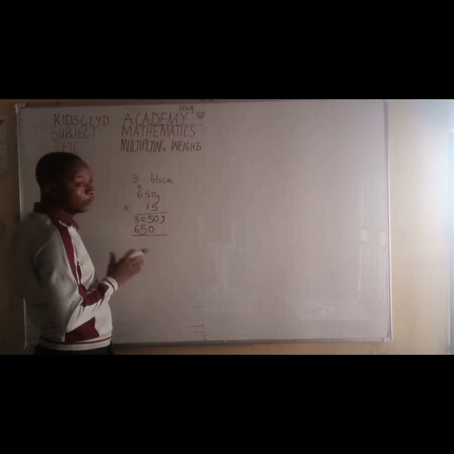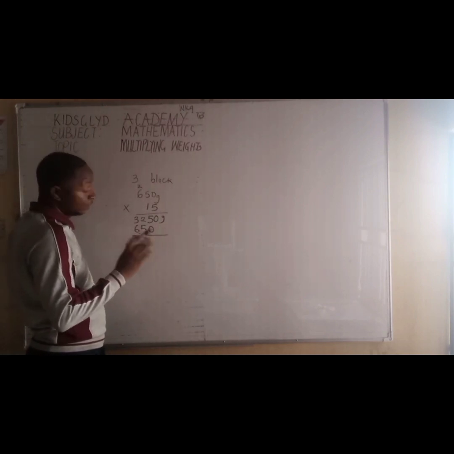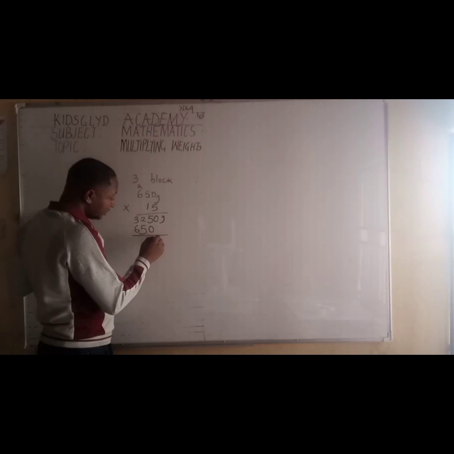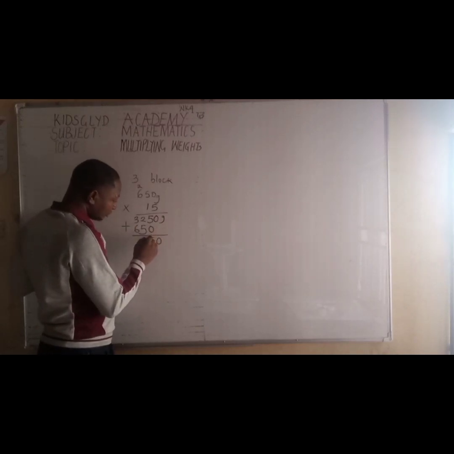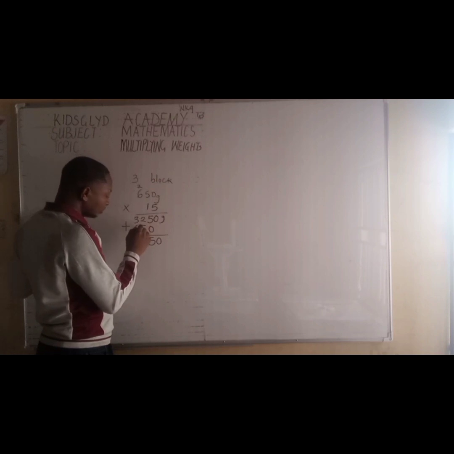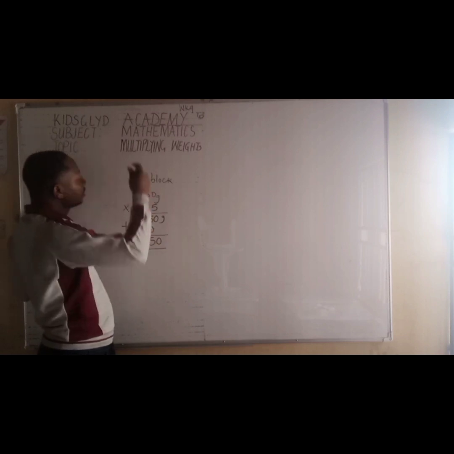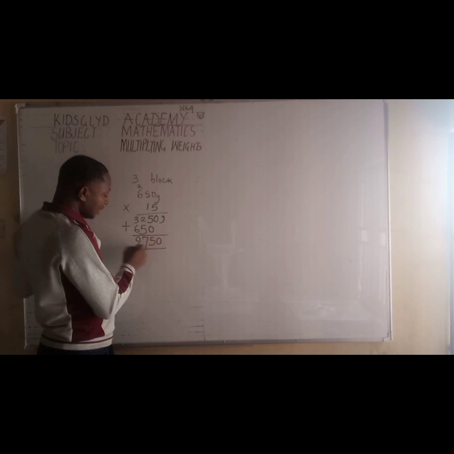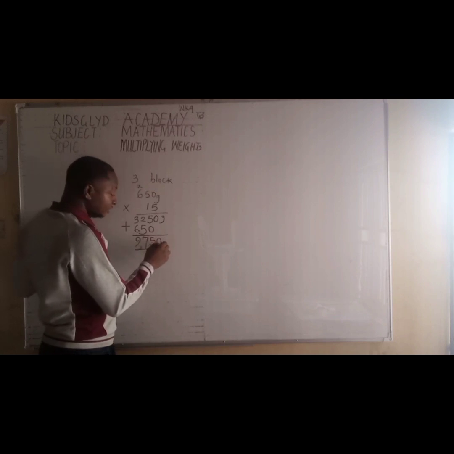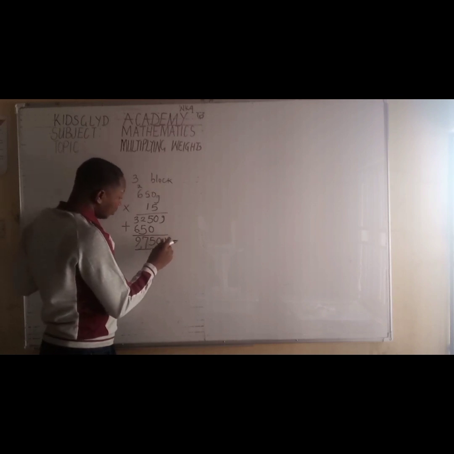It's our normal multiplication. You bring down your 0, because here we are adding. 5 plus 0 is 5, 2 plus 5 is 7, 3 plus 6 is 9. That means the blocks weigh 9,750 grams.